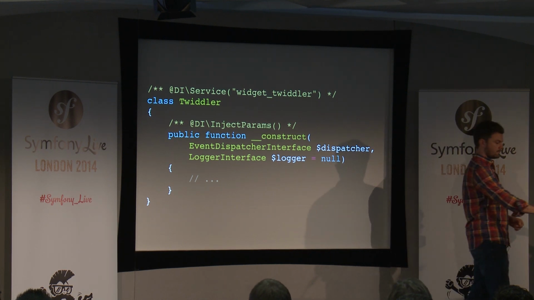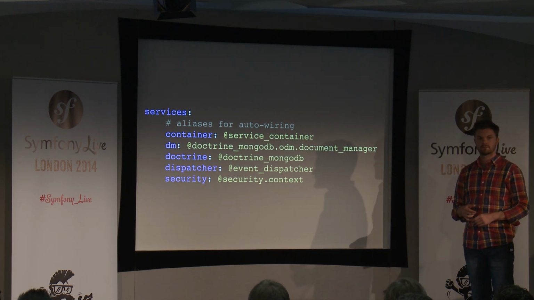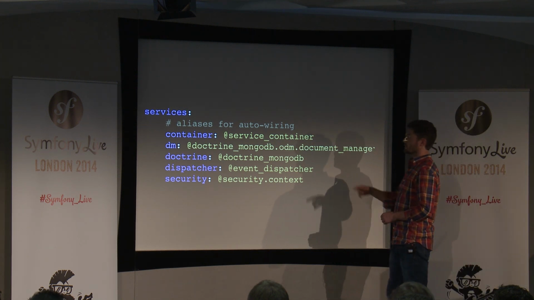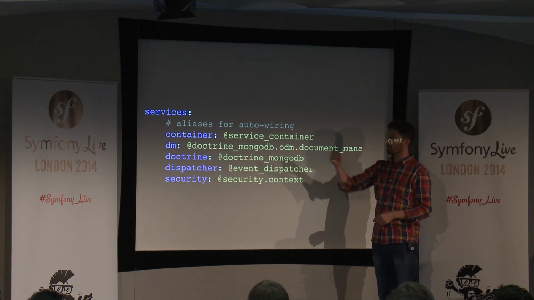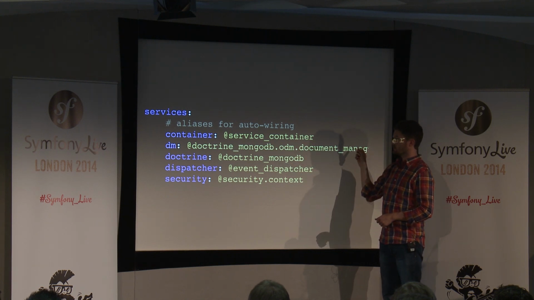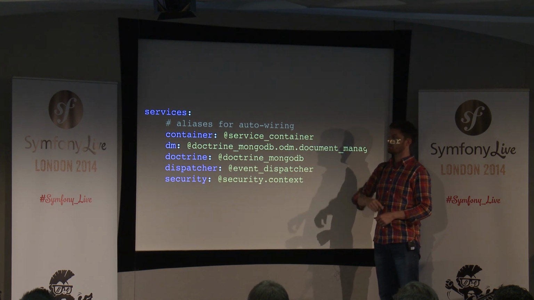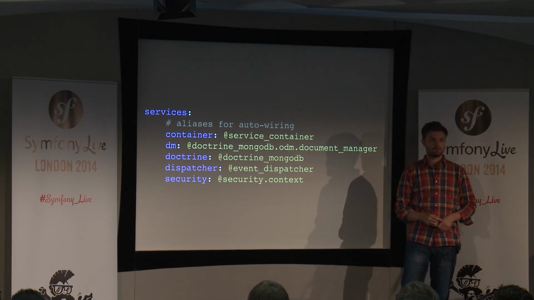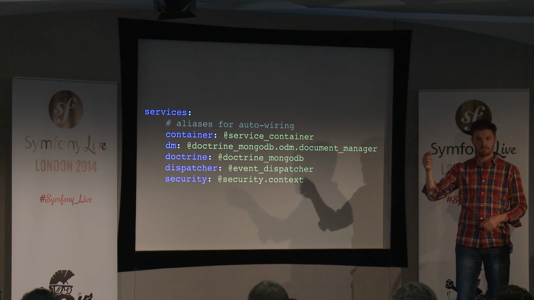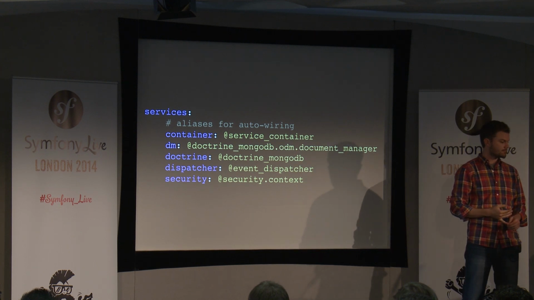But what I do to fix that is create a few aliases for the services that I use more often. So if I ever inject the container, I could just have that variable named container instead of this long string, doctrine, dispatcher, security context. So these aliases will make it easier for me to use that auto-wiring feature of the DI extra bundle.